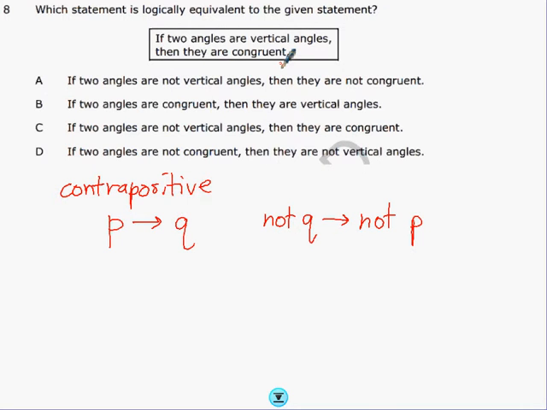It should be: if two angles are not congruent, then they are not vertical. So we switch and negate. If two angles are not congruent, they're not vertical. That's it right there.